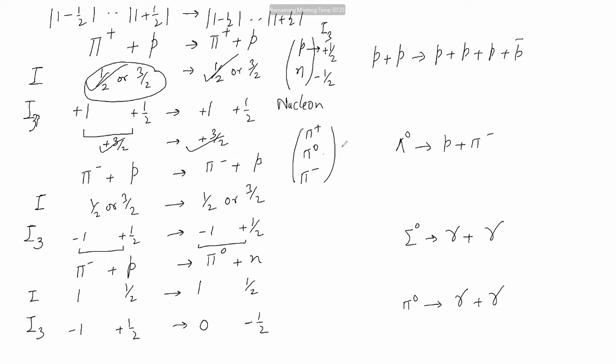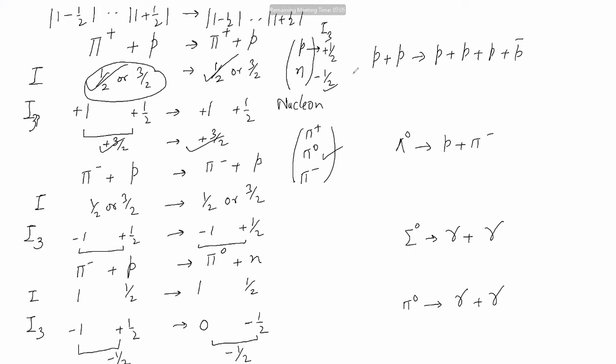Because pi 0 has isospin projection 0 and a neutron has isospin projection minus half. Therefore, this is giving us minus half. When we are algebraically adding them up, this is also giving us minus half. Therefore, again, what is this an example of? A strong interaction.